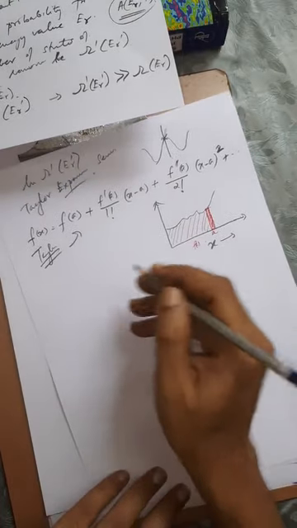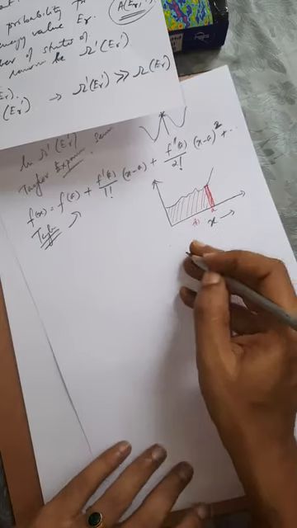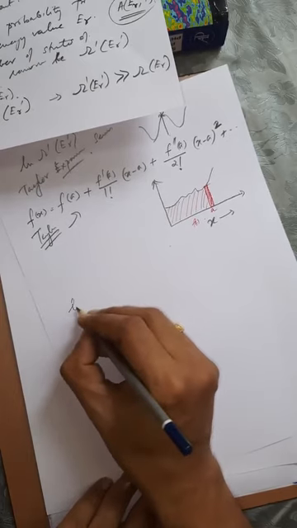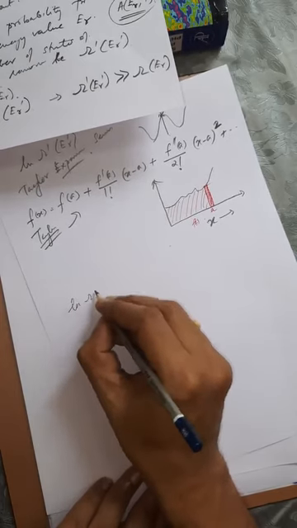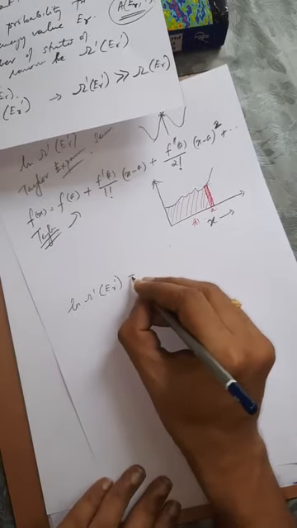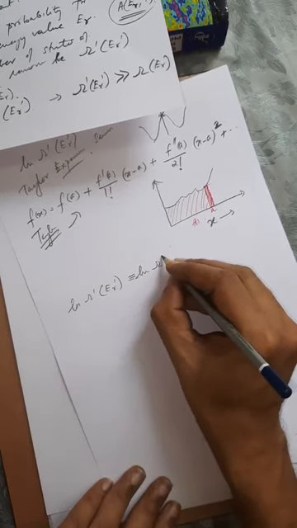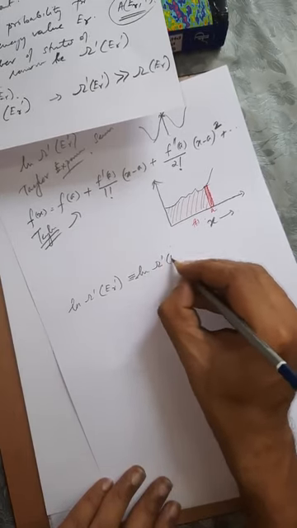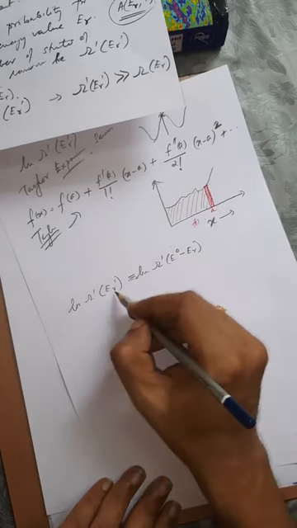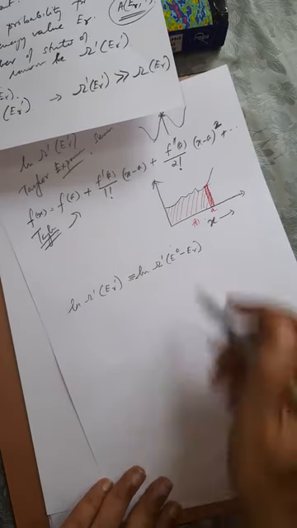So here we can have the similar expansion for ln of omega dash E_R dash. How do I write it? Ln of omega dash E_R dash can be written as equivalent to ln of omega dash of E0 minus E_R, because E_R dash is equal to E0 minus E_R.